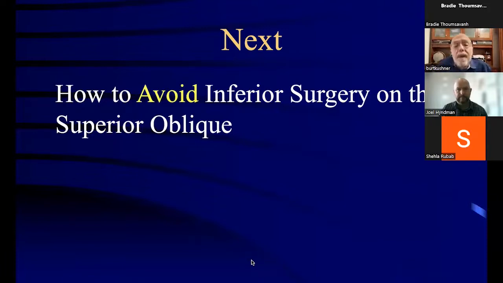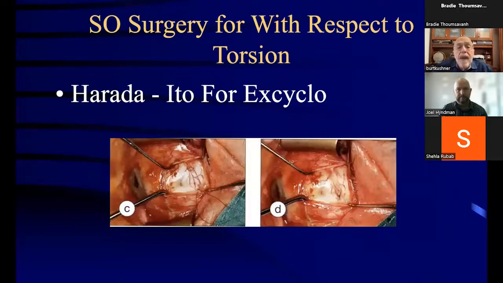Okay, so we're going to move along and talk about avoiding inferior surgery on the superior oblique. And in the same vein of what we were just talking about, if you want to operate on the superior oblique and just affect torsion and not affect the vertical, and there are various reasons you want to do that, I think the Fell's modification of the Harada-Ito procedure is very useful.